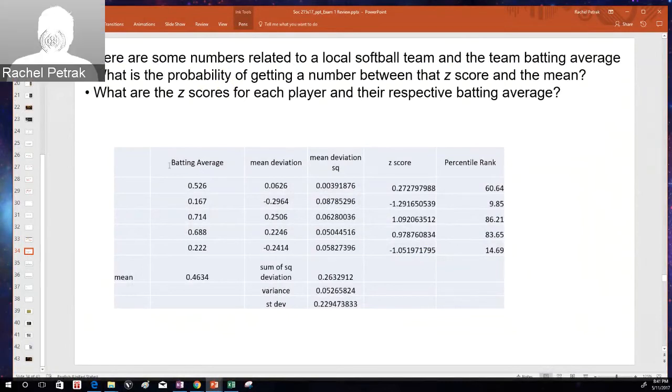And here in this first column we have batting average. We have some numbers related to a local softball team, and these are the batting averages for 5 players. You can see I've already worked out the math here, so you can use this for practice if you want to.